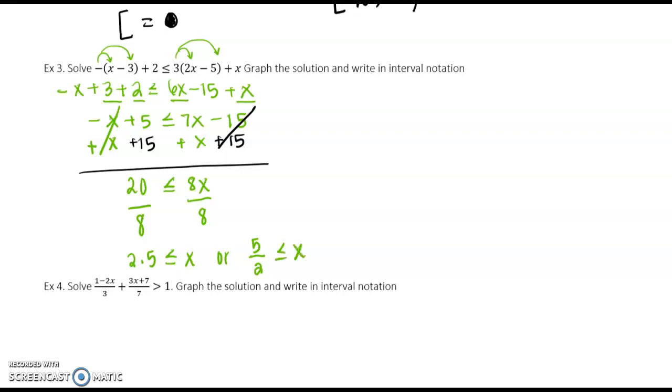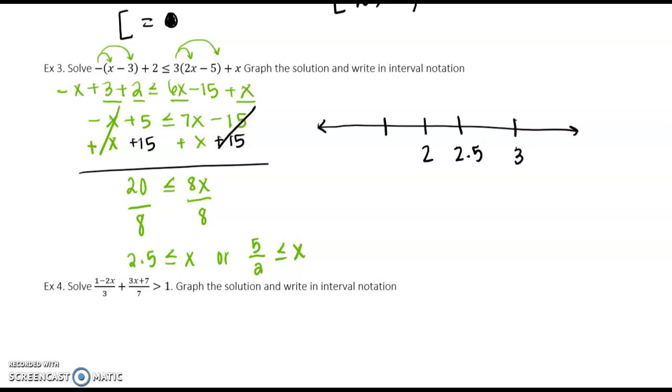So depending on if somebody doesn't want you to write it in fractions, but you could do either one of the other ones. I'm gonna do just the decimal. So I'm gonna put 2.5, and then I'll put 2, 3.